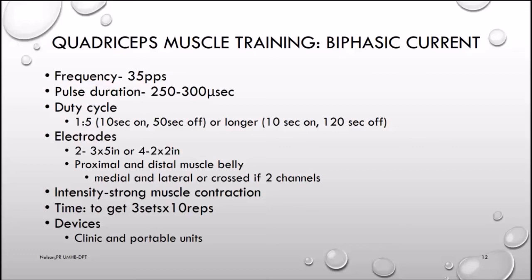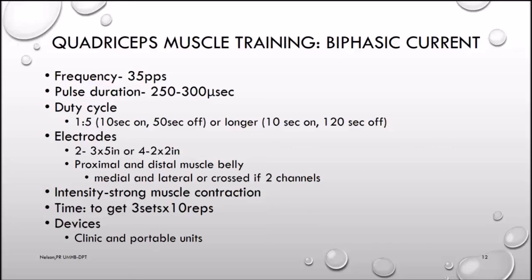I can do the same training using biphasic current. So this is not the Russian stimulation, this is the pulse duration that you typically see with a square wave, or it might be a square wave on top and triangular wave on the bottom. I'm going to set the frequency in the device to 35 pulses per second. I could go as high as 80, but again, higher frequencies will lead to more rapid fatigue.